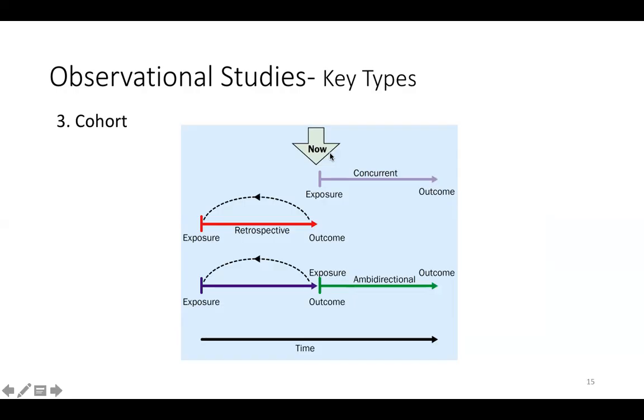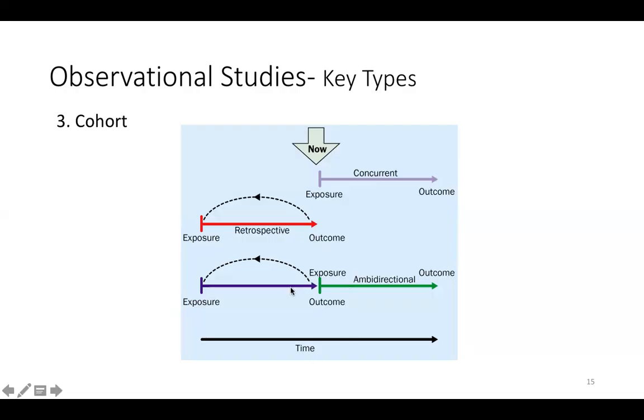There is also something called a retrospective cohort, where although the outcome has already occurred, we do not consider it when we start the study. We go back, look at the records of the participants concerned, look at their exposure, and then track the record to see if the outcome occurs in those who are exposed versus those who are not.